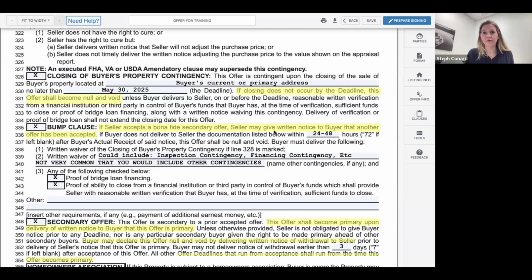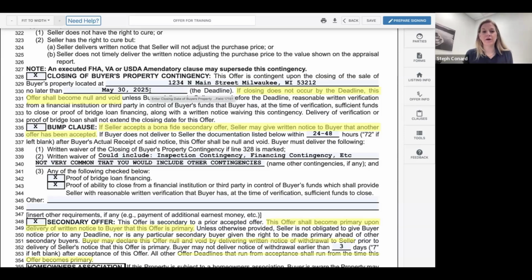So how it reads is, this offer is contingent upon the closing of the sale of the buyer's property located at, and then that's where you would just put in their address, write it right in there. No later than, and then you will identify the closing date.